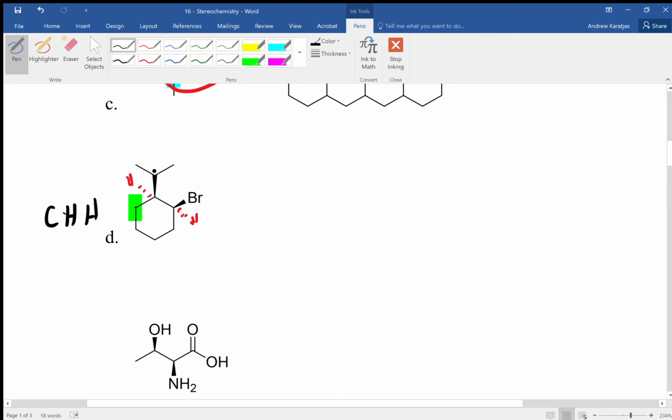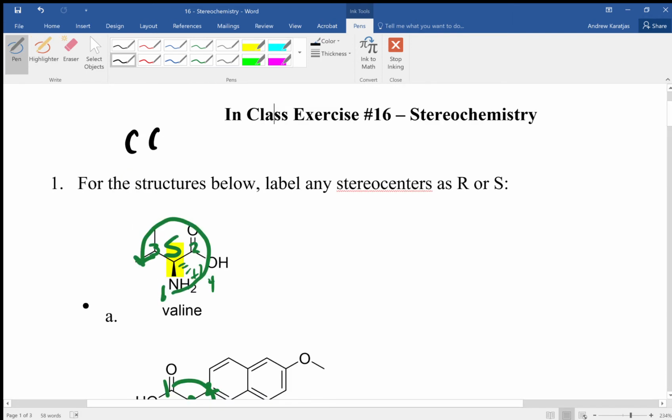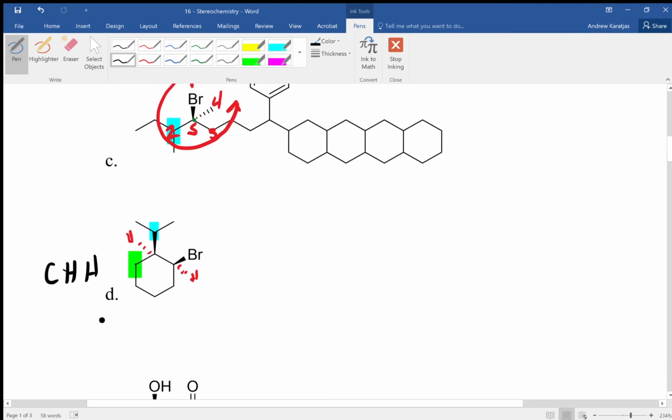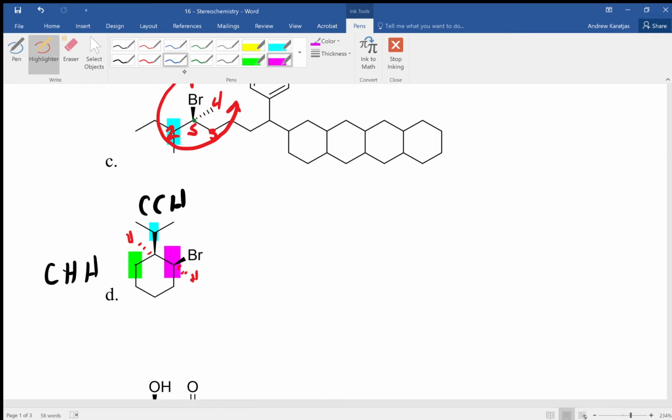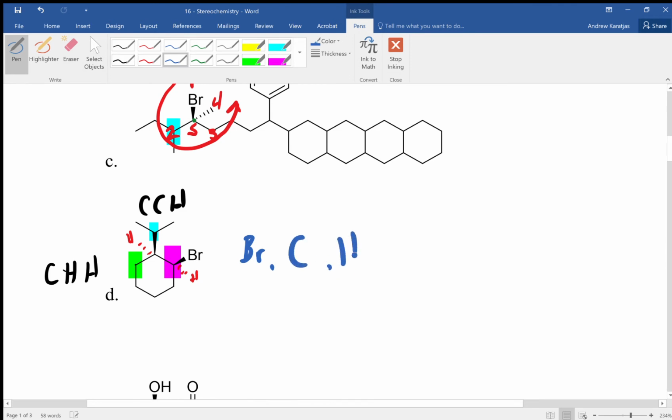Up above, that carbon is attached to carbon, carbon, hydrogen. And to the right, that carbon is attached to bromine, carbon, hydrogen.